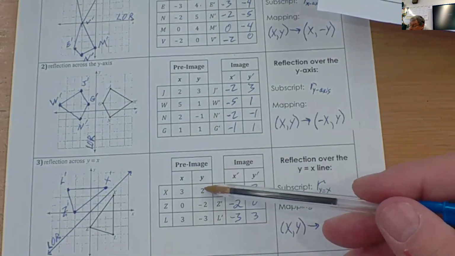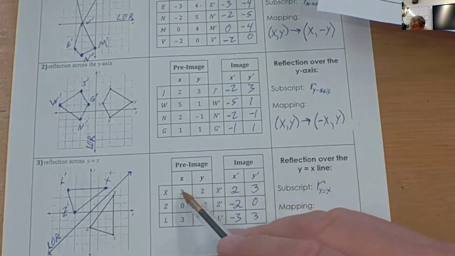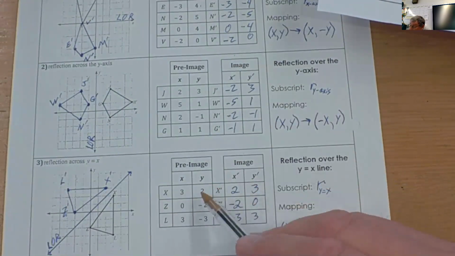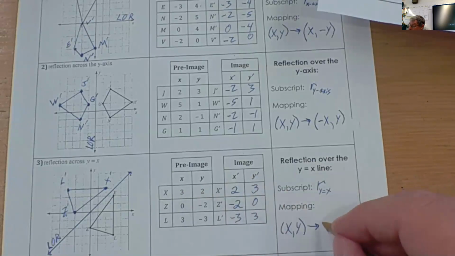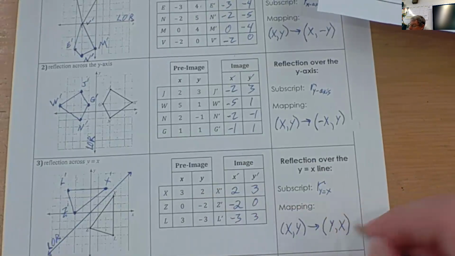Looks to me like the x and y just simply traded places. The x became the y coordinate and the y became the x coordinate. So x, y maps onto y, x. See, we simply switched places with the coordinates in our ordered pairs.